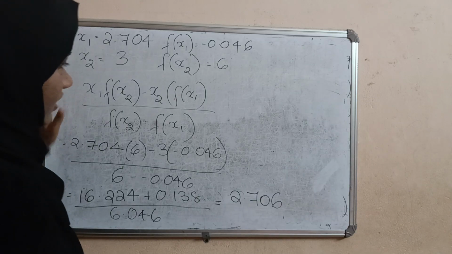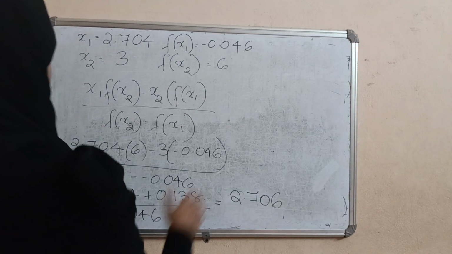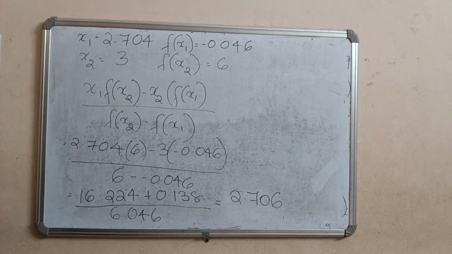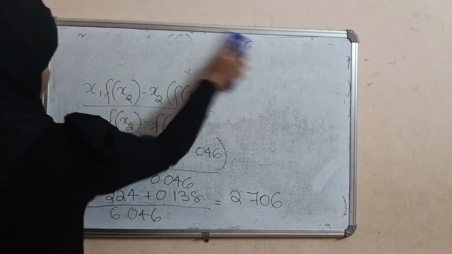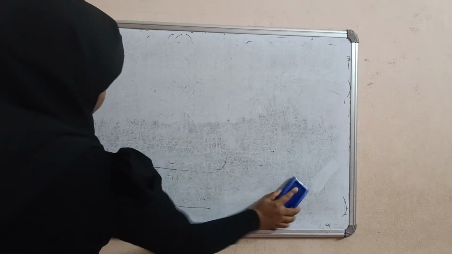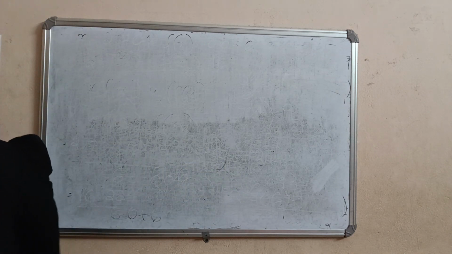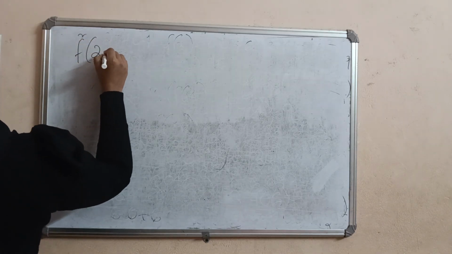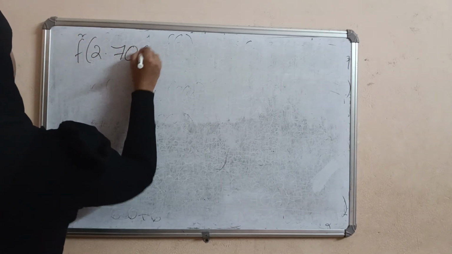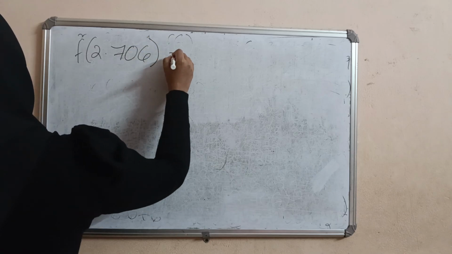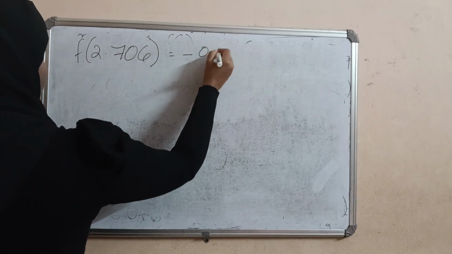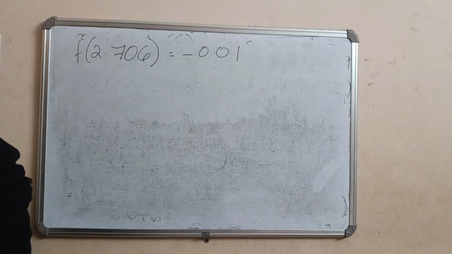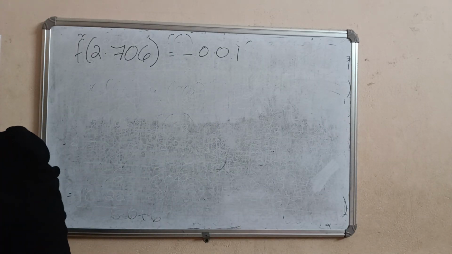We have to continue until we get a similar value. Now again plug this into our original function, and f of 2.706 would give the answer minus 0.01. Again you would be getting a minus, so we will have to do that again.